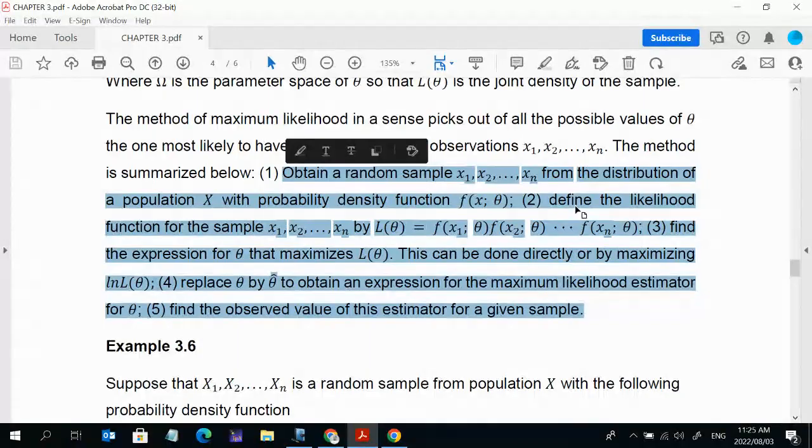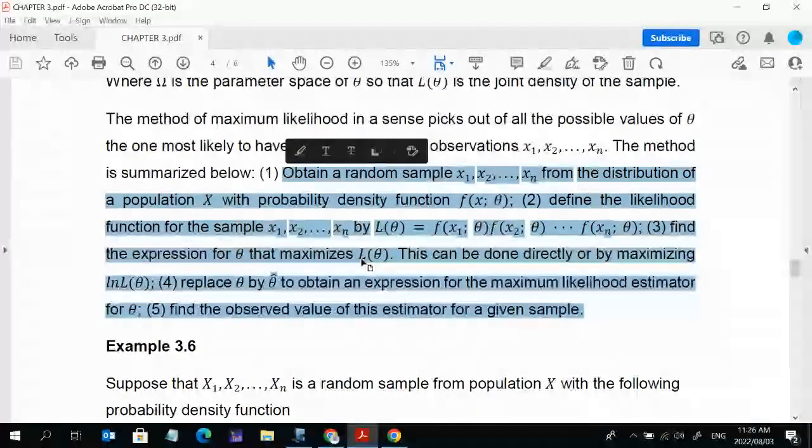If you have downloaded the guide, you will see that after the definition of the likelihood function there is another definition that addresses this point. Or we can take the natural logarithm of the likelihood function, because the function that maximizes the log likelihood is the same function that maximizes the likelihood function.